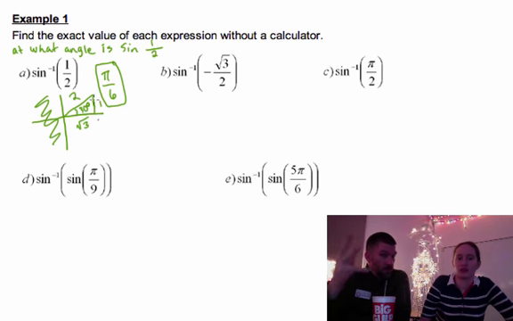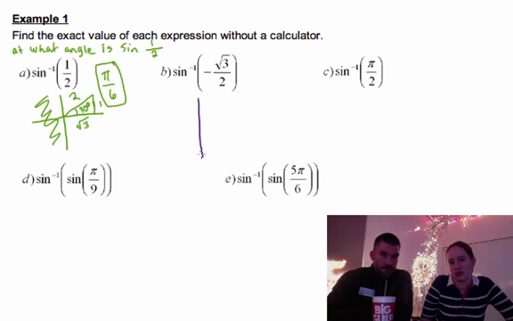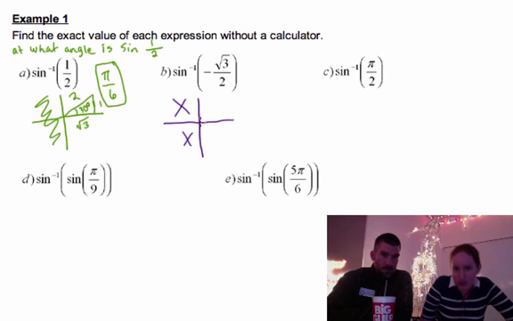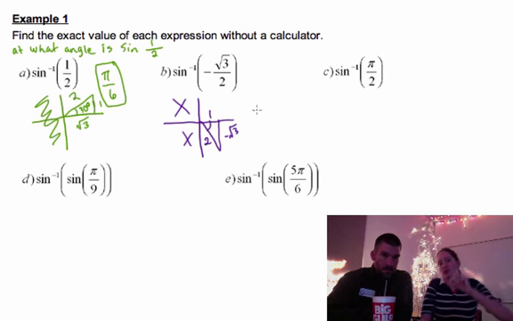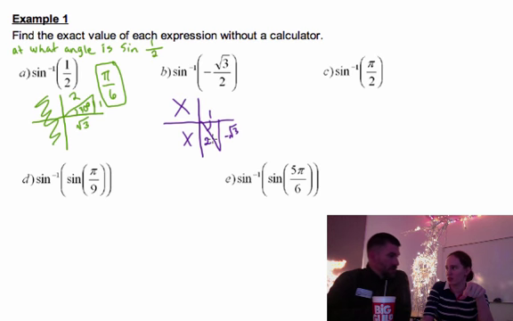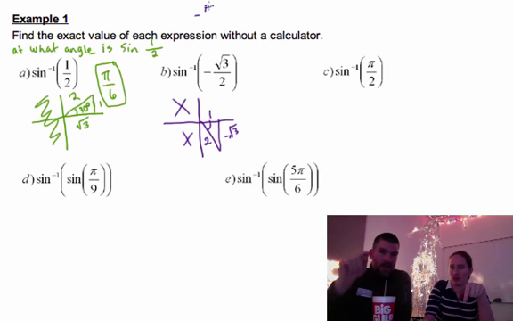We only want the one in the 1st or 4th quadrant. And what actually is going to happen on this one, because we said 1st and 4th quadrant, is that negative square root of 3 over 2 puts us down here. This angle we've talked about before, where we come around here and do the coterminal positive style, but we actually want the negative angle because we've got to be in the range.